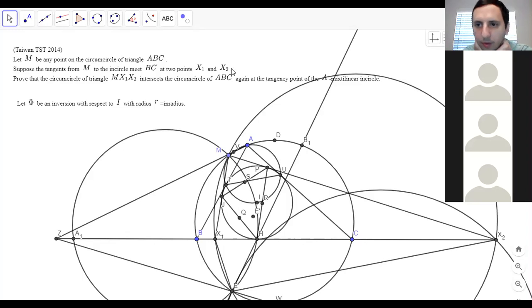That seems promising, because then we would have 3 different circles through M and E. So we could try to use the power ratio lemma. X1B times X1C.